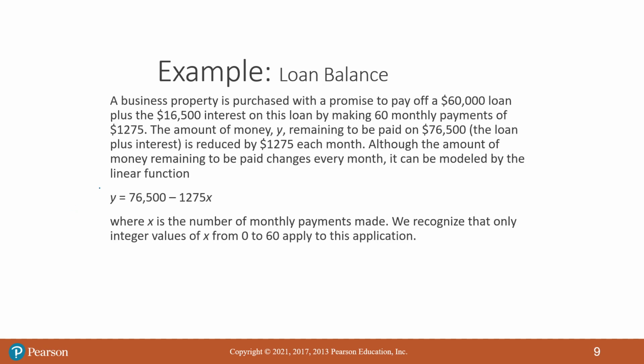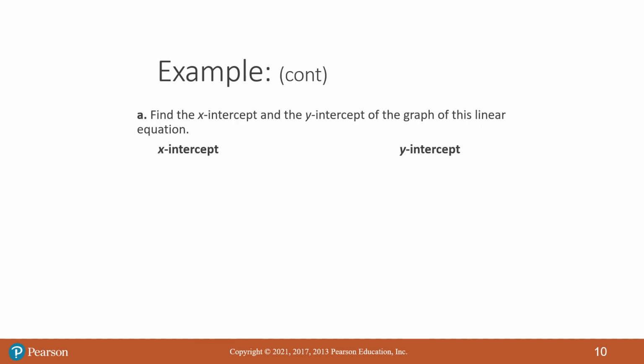Y equals 76,500 minus 1,275x. So once again, the x-intercept sets the y equal to 0. And I'll even write the equation up here for you. Y equals 76,500 minus 1,275x.